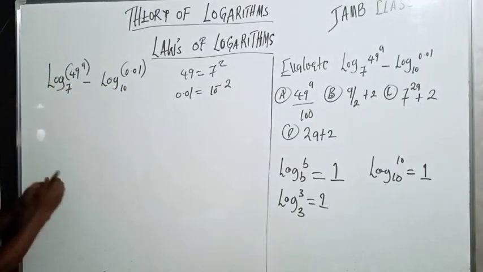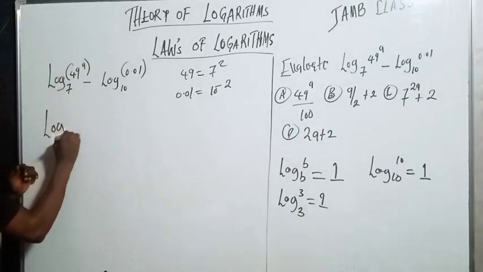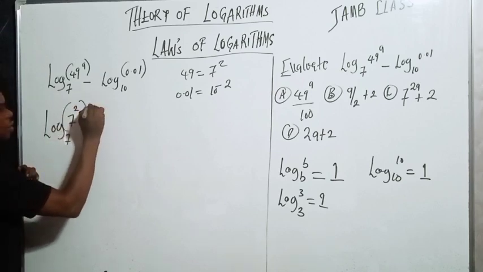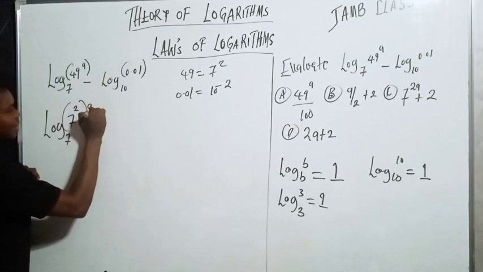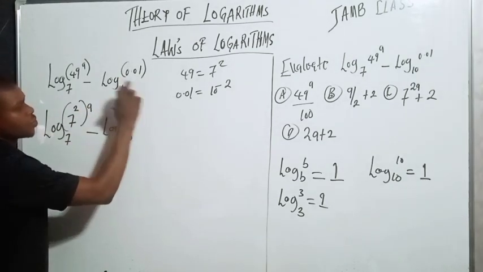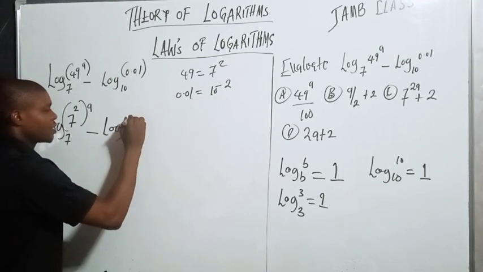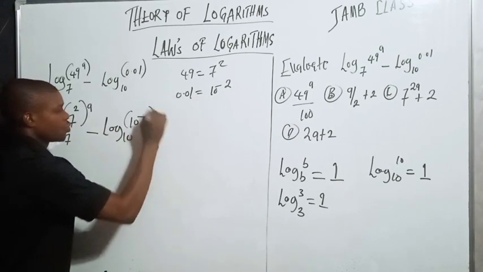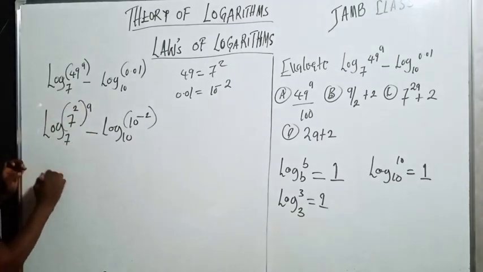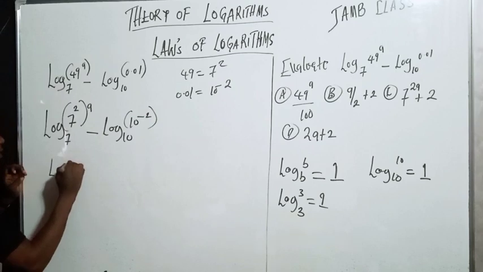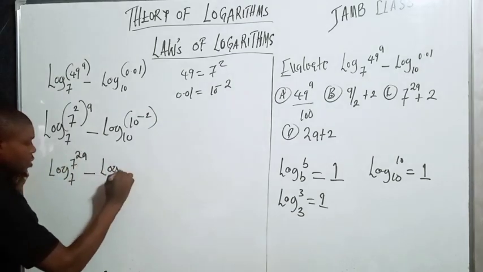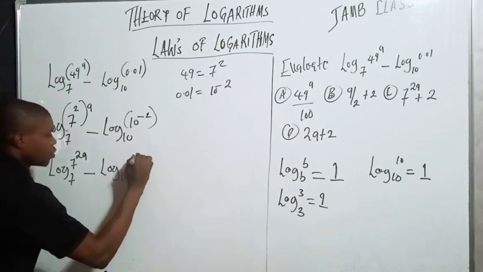If you substitute it, here you have log base 7 of 7 raised to 2, all raised to a, minus log base 10 of 10 raised to minus 2. Can you see that? Now if I open this bracket, I have log 7 raised to 2 to the a, minus log 10 raised to minus 2.